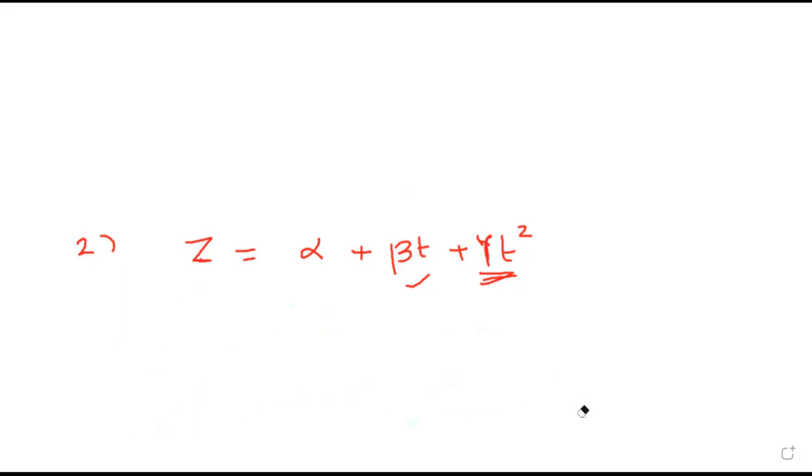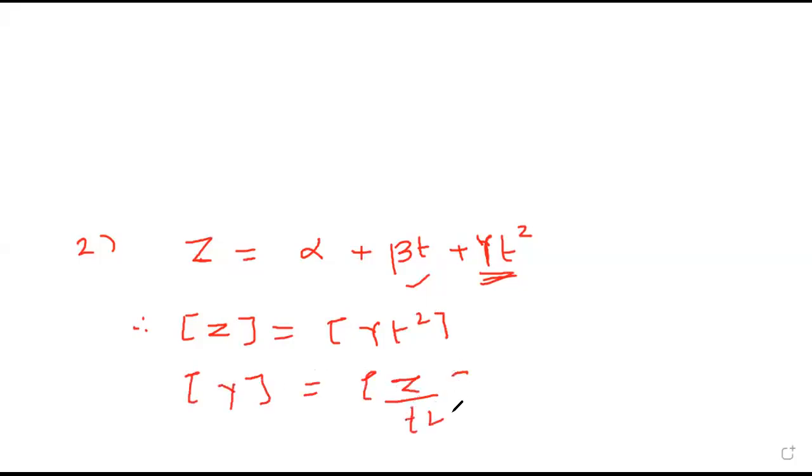Have you followed this concept, Tanmay and Ganesh? Yes, sir. Whenever you are adding, it has to be like terms. So I can say the dimension of Z is the same as the dimension of gamma t square. So gamma is Z upon t square.